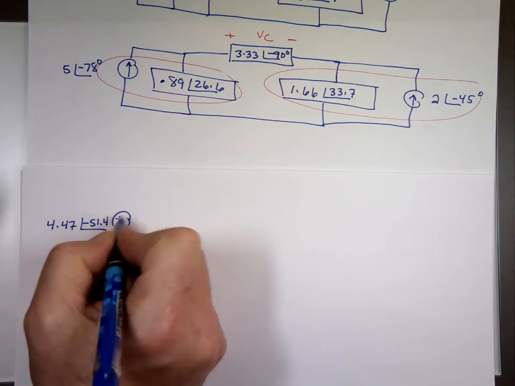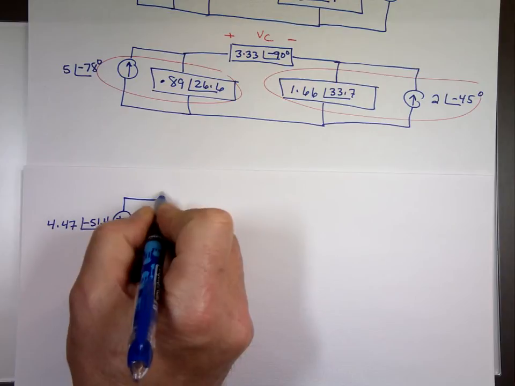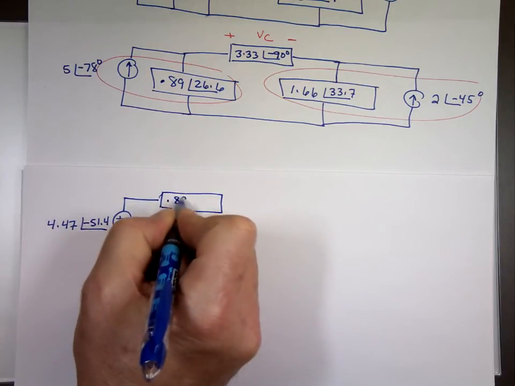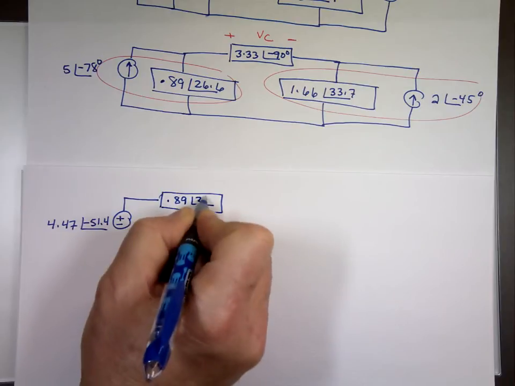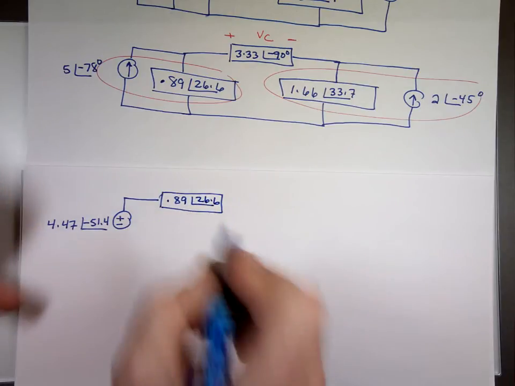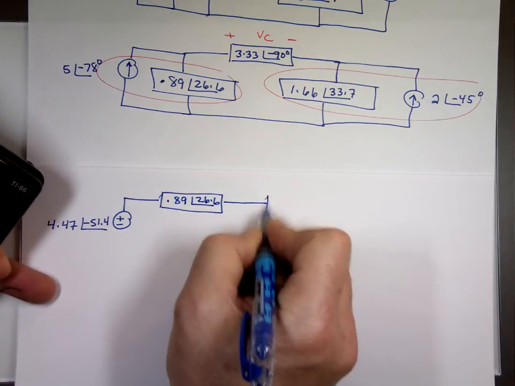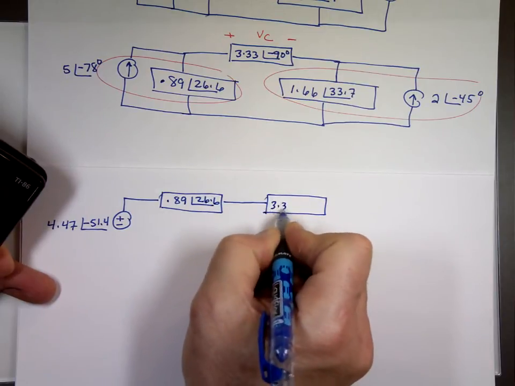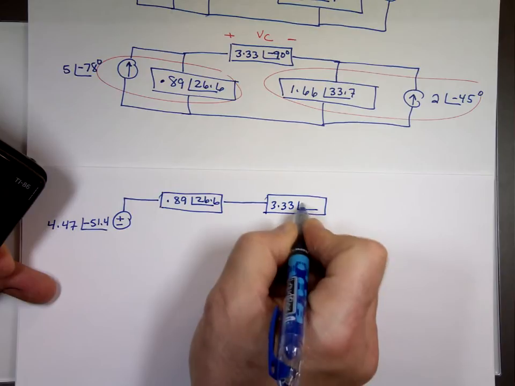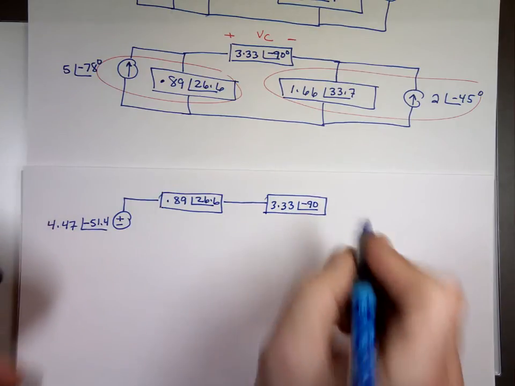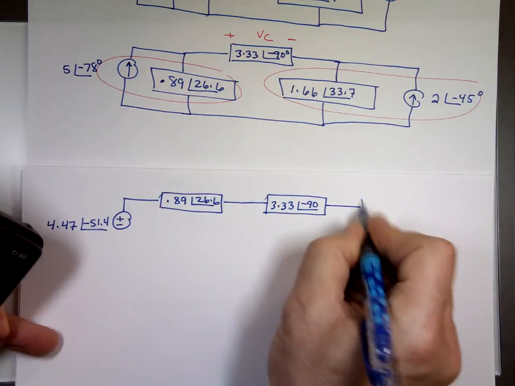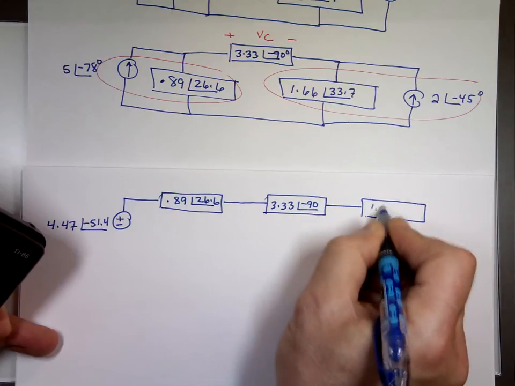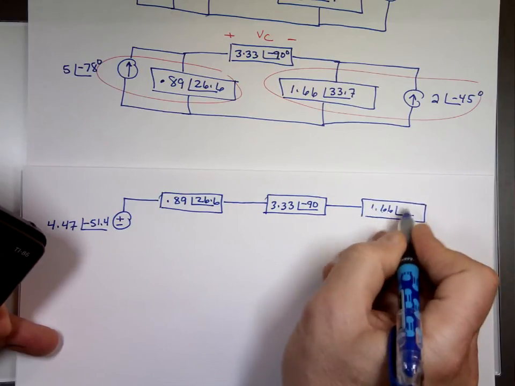Voltage source now in series with 0.89 angle 26.6, 3.33 angle negative 90, 1.66 angle 33.7.